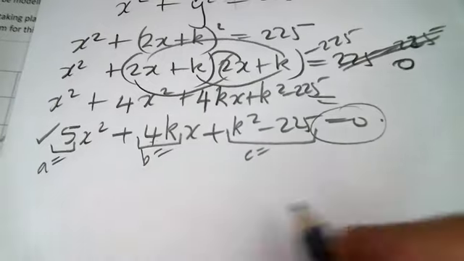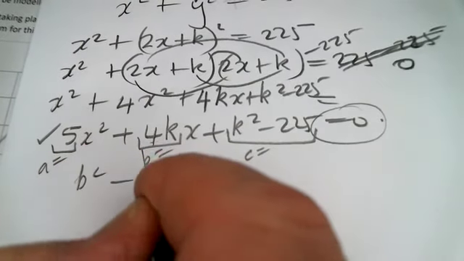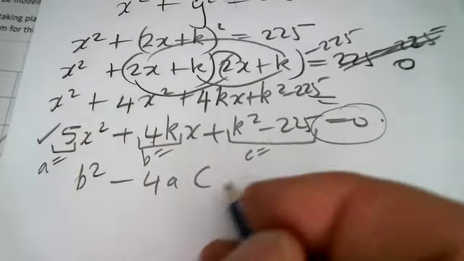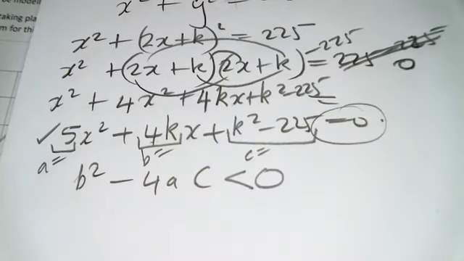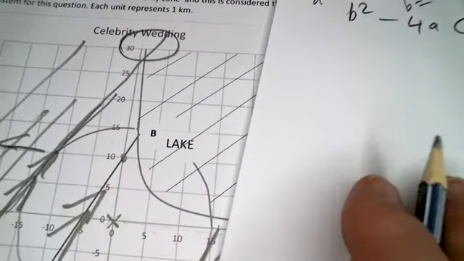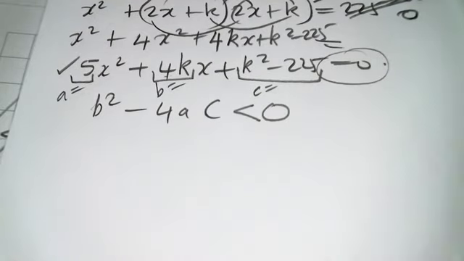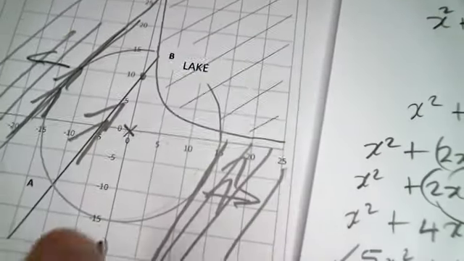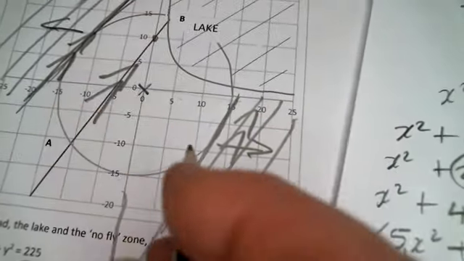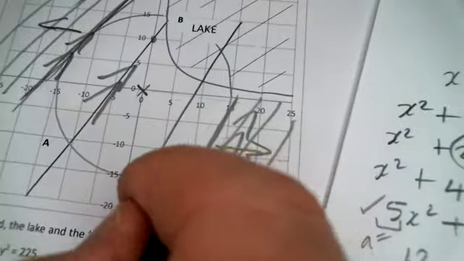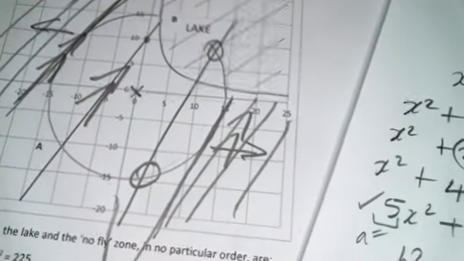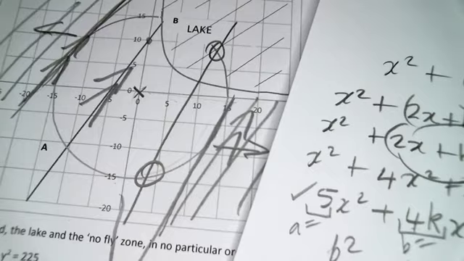That's what we're doing. So let's use b squared minus 4ac, and we can say it's less than 0. By the way, the reason we'd say it's less than 0 is because equals 0 would be 1 point of intersection. Greater than 0 would be 2 points of intersection, but we want no points of intersection. So if it was going through the middle here, there'd be 2 points of intersection, and I would go greater than 0, but it's not.